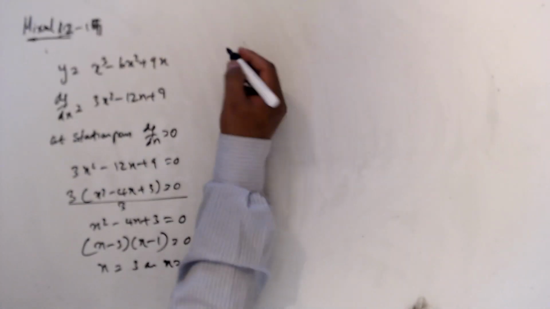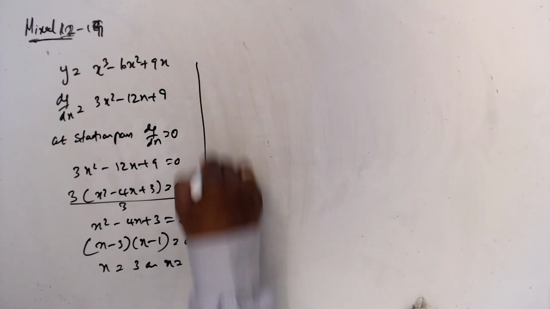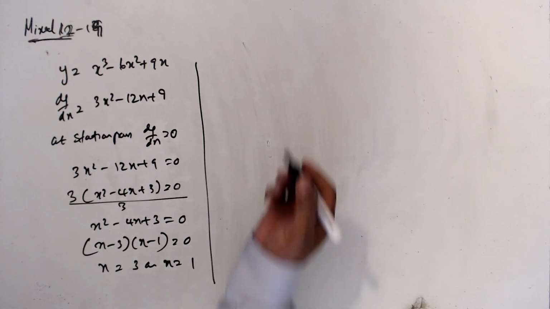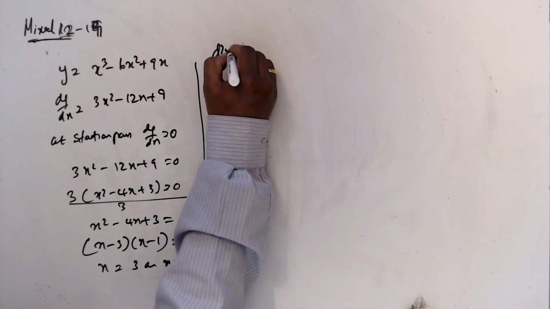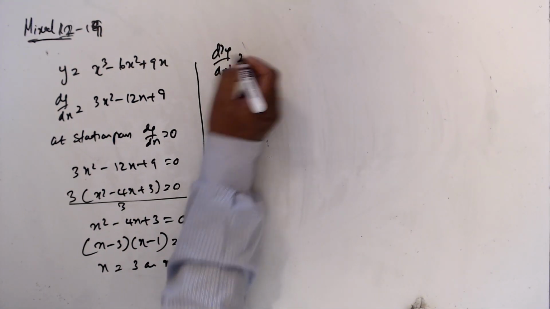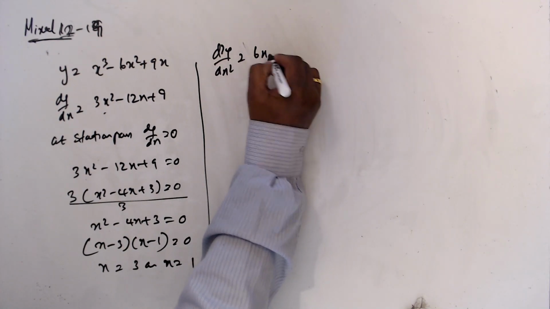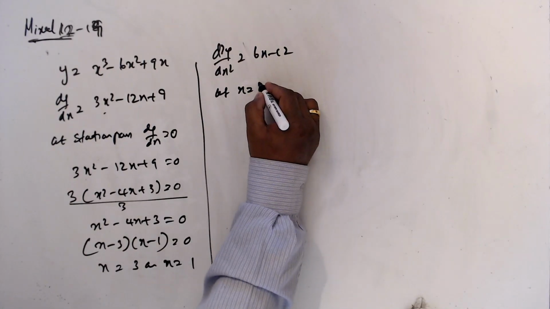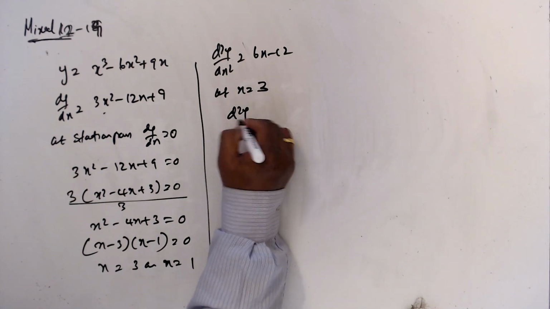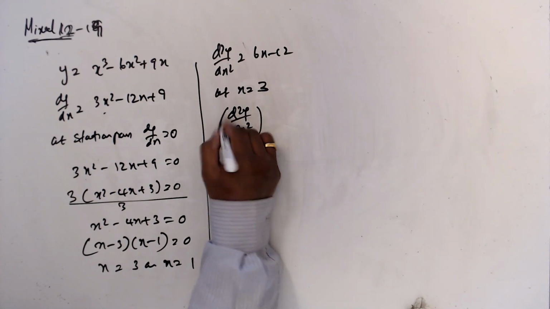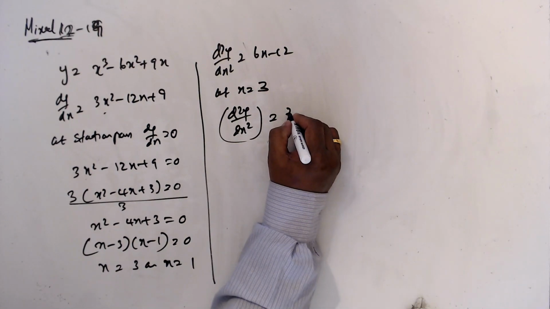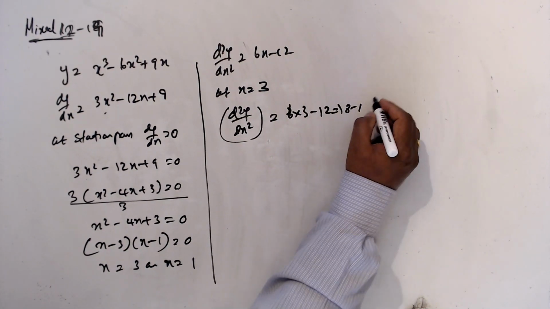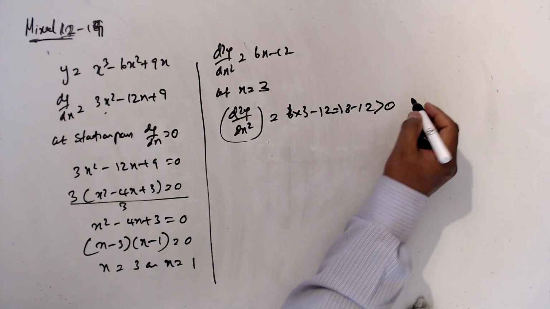So we'll take the double differentiation, d²y/dx². This is going to be 6x - 12. So at x = 3, d²y/dx² = 6 times 3 - 12, 18 - 12 = 6, greater than 0.